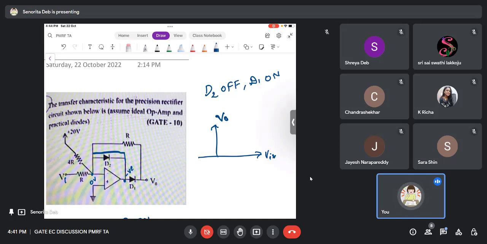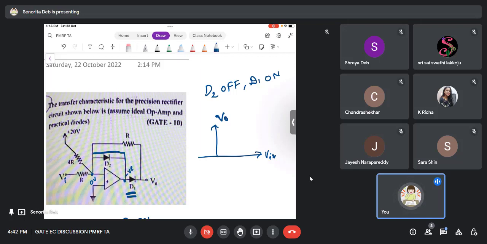That means both of them cannot be on at the same time, right? So one is off, one is on. Now if D1 is off, D1 I'm talking about this one, the question ends there itself, because now V0 is 0 because there is no current coming out from the Opamp.